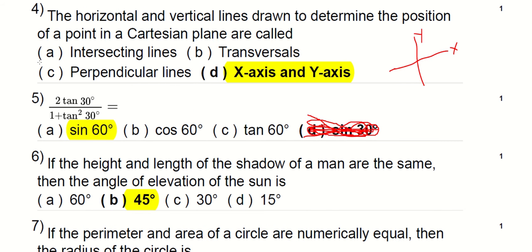Then they are asking: 2 tan 30 divided by 1 plus tan square 30. The tan 30 value is 1 by root 3, so 2 by root 3. Then tan 30 is 1 by root 3, so tan square 30 becomes 1 by 3. Take the LCM: 1 plus 1 by 3 is 4 by 3. So I'll take the reciprocal, which is 3 by 4.